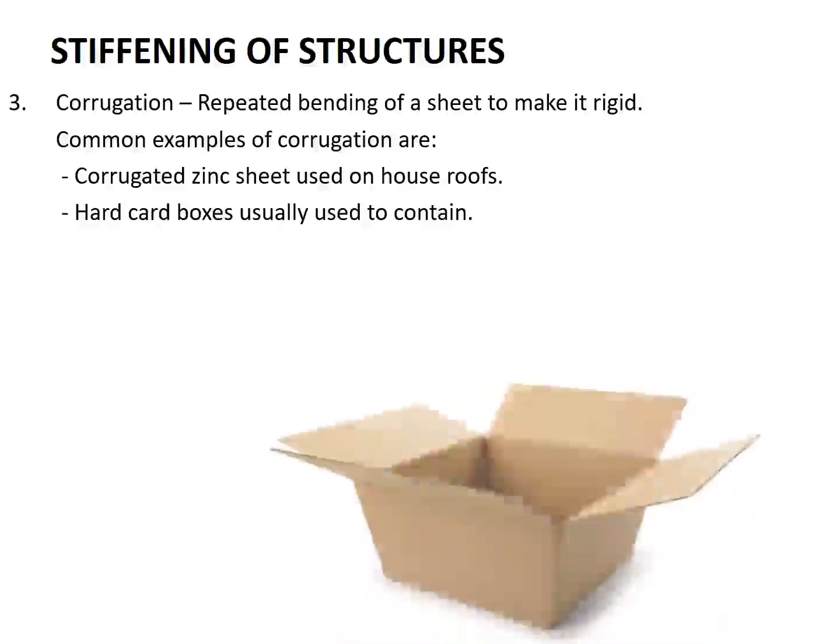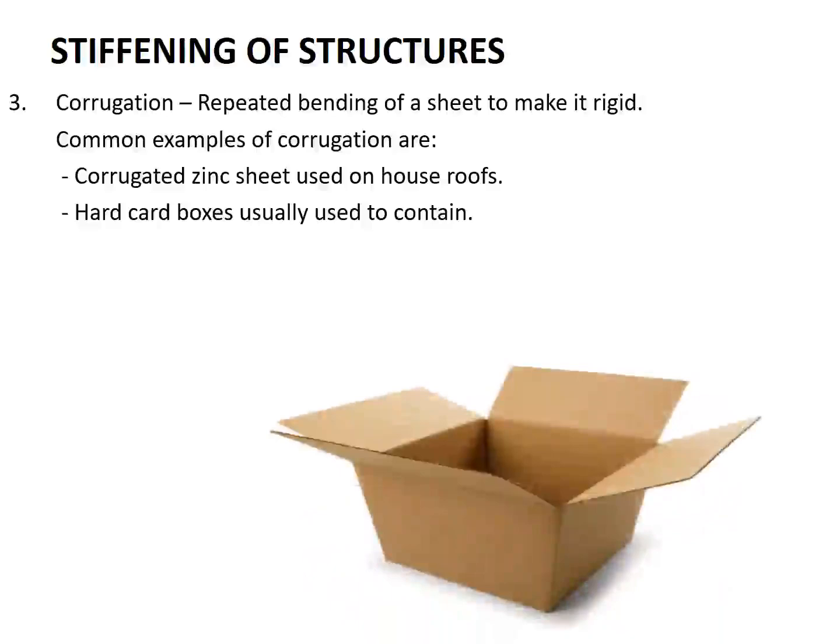This is the completed cardboard that we use. Most of us have just seen this cardboard, but you don't know what's happening inside. It was corrugation that was used inside in order to make this very, very hard. That is why cardboard containers are usually used to carry very heavy loads without breaking.